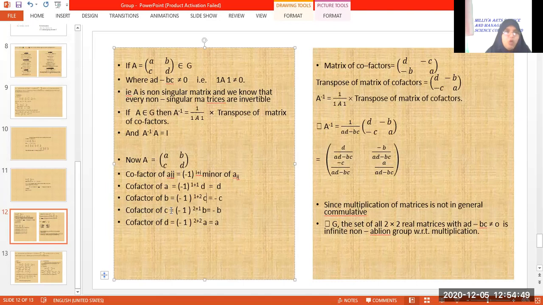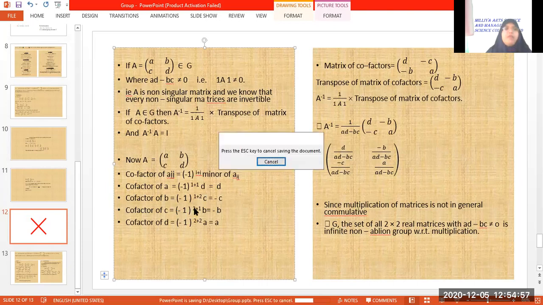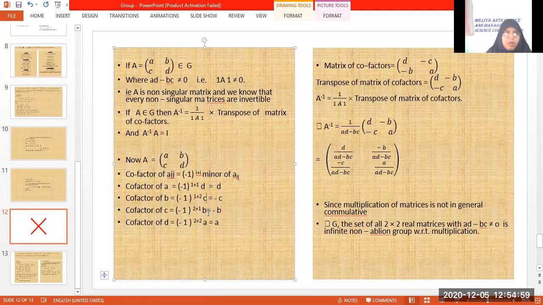And similarly, cofactor of C is equal to -1 raised to 2 plus 1 into B, which is equal to -B, and cofactor of D is equal to A. Matrix of cofactors is D, -C, -B, A.